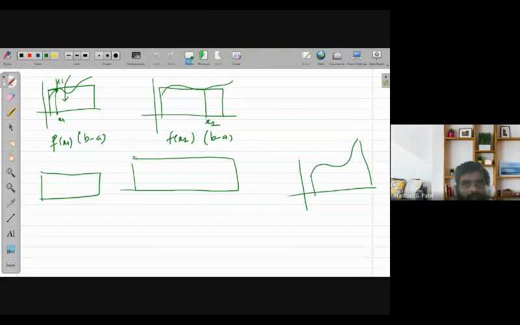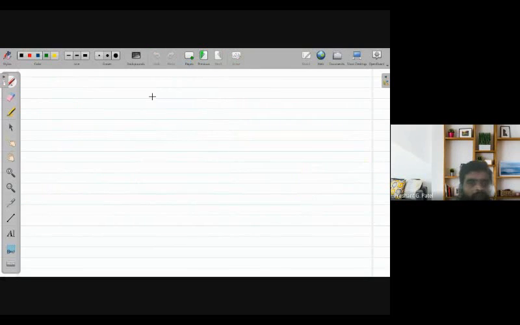That means if I want to find that area, then mathematically it is the summation, i running from 0 to n minus 1.